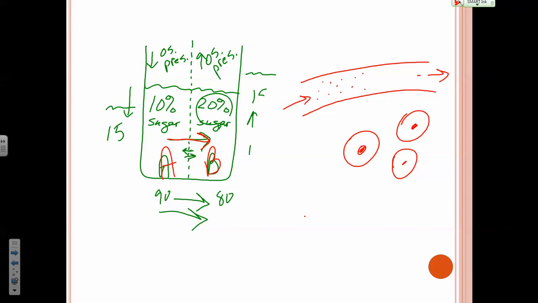Okay, you have dissolved things in all your body fluids that give it osmotic pressure. All your body fluids also have a major water component that gives it hydrostatic pressure. So it's the combination of both those pressures in both places that determines where water's going to move in the body. Okay.